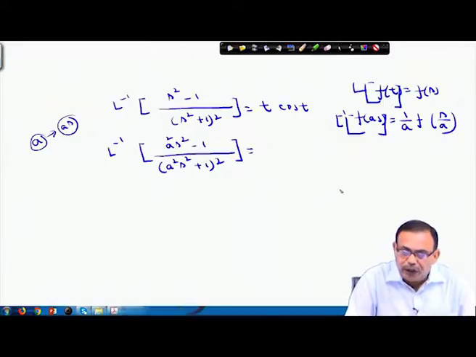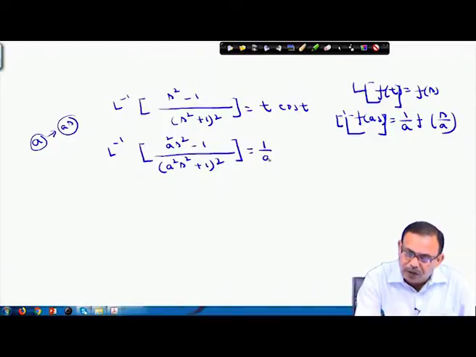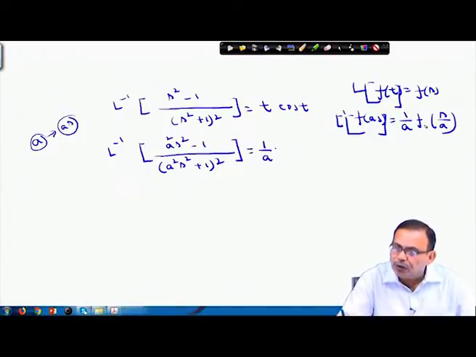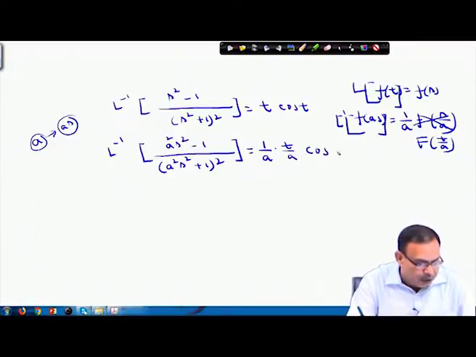So, whenever you get this, 1 by a I will leave, and your t will be replaced by t by a. So, 1 by a is coming into t by a cos of t by a.